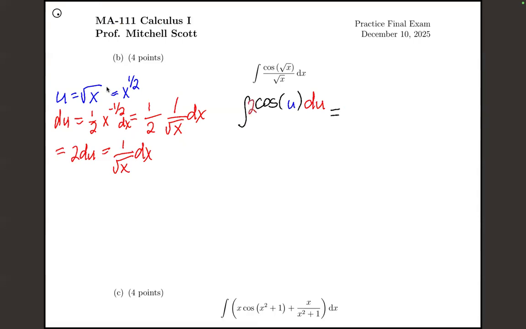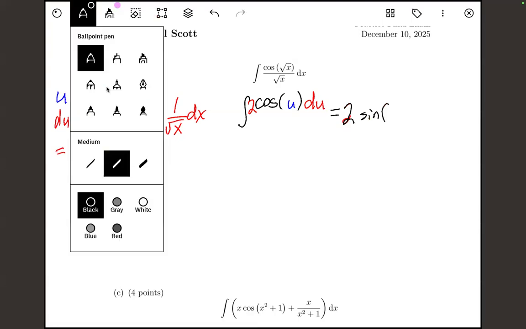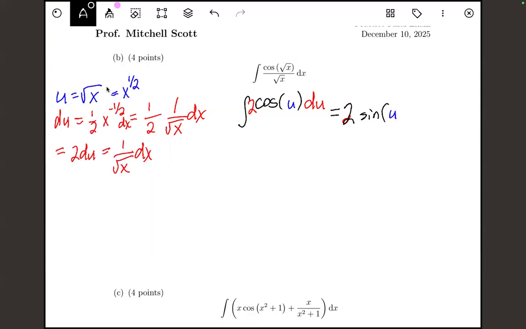So that leaves us with 2 times the integral. And remember, I'm taking the antiderivative, so 2 times sine of u plus c, because we know how to do cosine of u du.